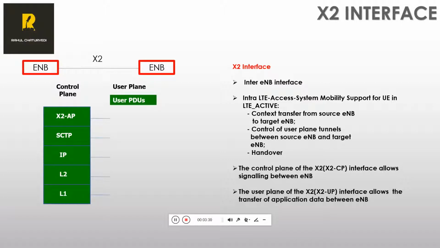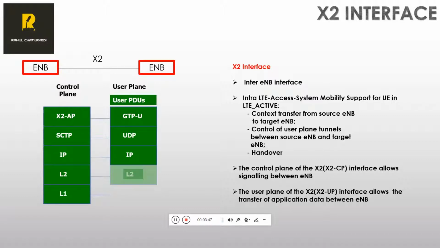In the case of the user plane, you will find user PDUs, GTP, UDP, IP, L2 and L1. GTP is the tunneling protocol for the user plane, and UDP is the User Datagram Protocol.